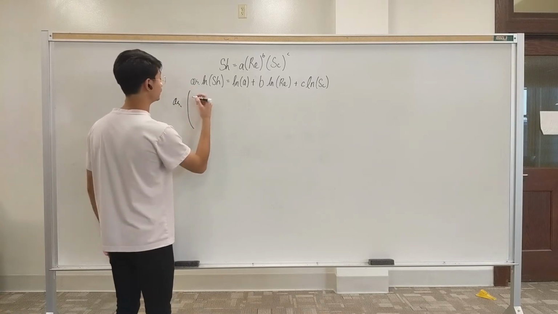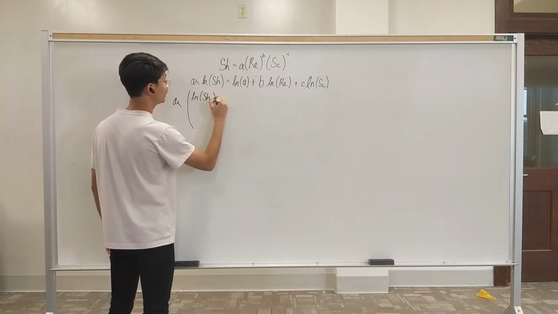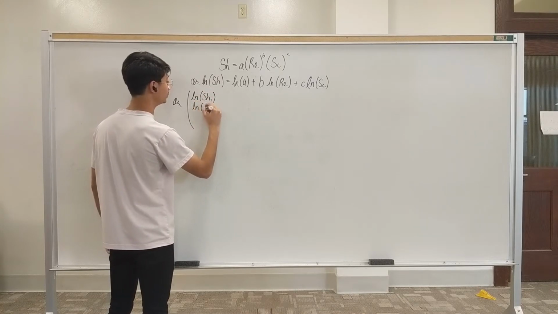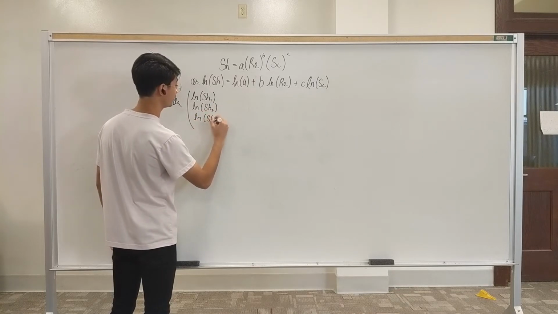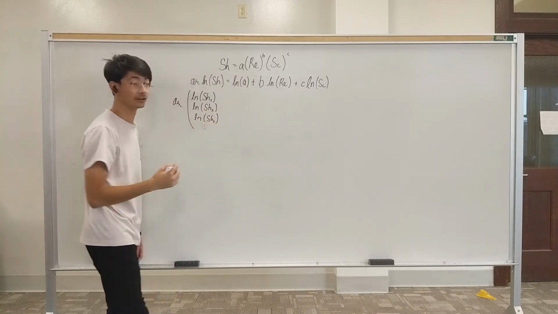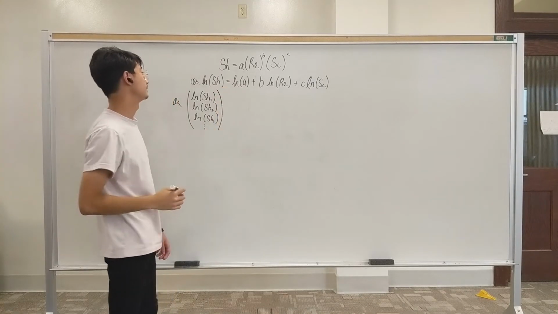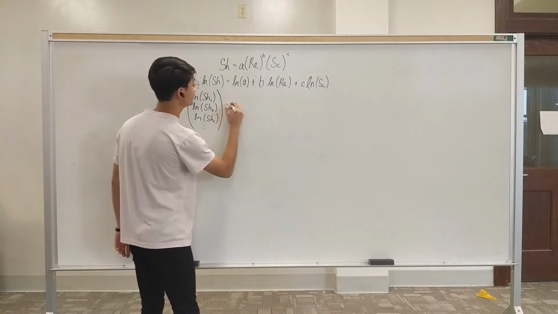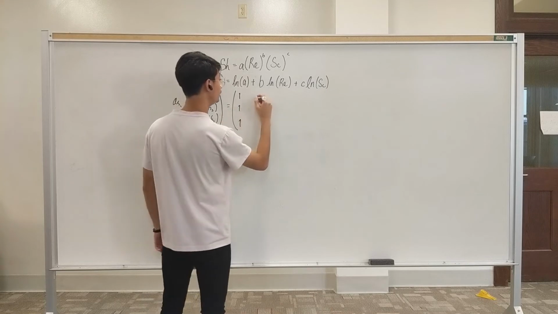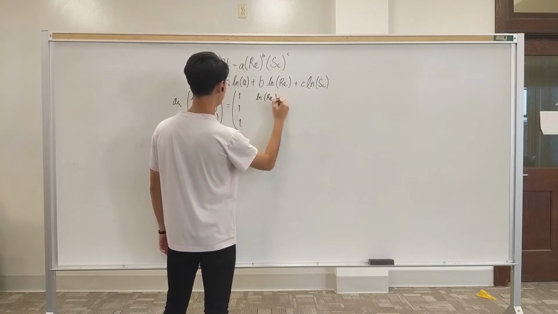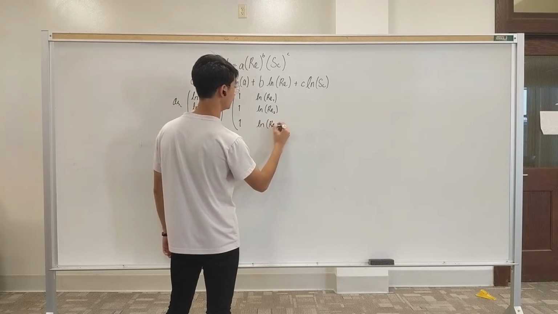I'll go ahead and write the natural log of Sherwood number 1, the natural log of Sherwood number 2, natural log of Sherwood number 3, and this keeps going on and on until 100 Sherwood numbers are done. That's our one side, and this I'm going to write as 1, 1, 1, the natural log of Reynolds number 1, the natural log of Reynolds number 2, and the natural log of Reynolds number 3.